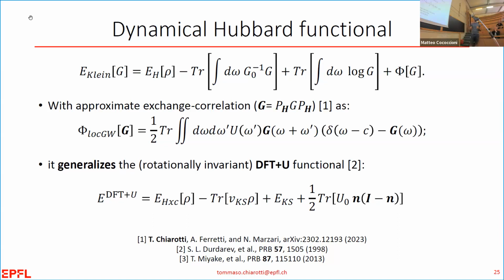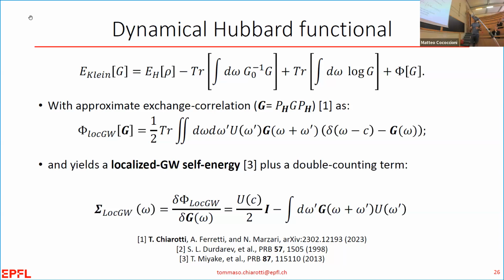But would it be good for spectra? Well, yes, we have designed it. If you take the derivative of this functional with respect to the self-energy, you end up with this thing. And you see that this is exactly localized GW. It is G, a local G, times W, a local W, U, the screening parameter.